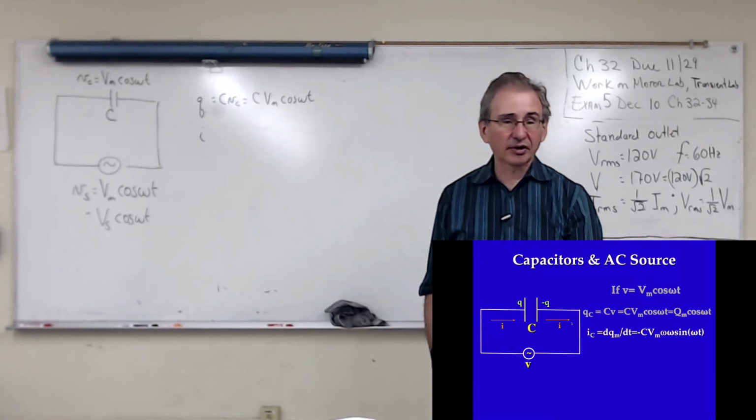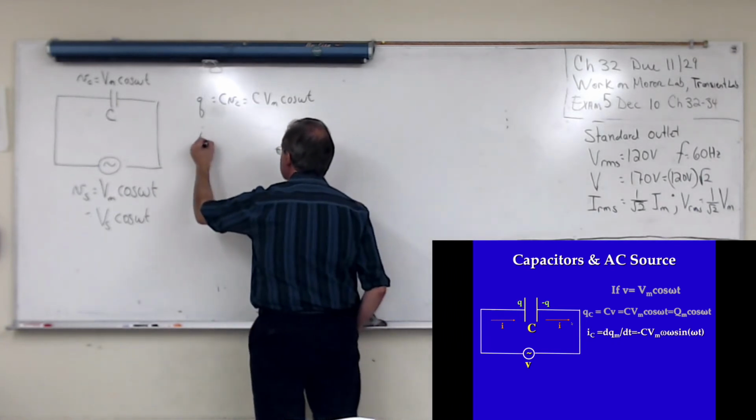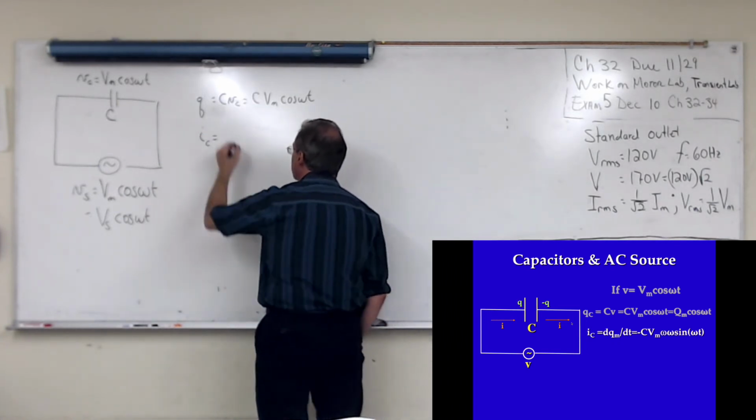I've got to take the derivative. So the current through the capacitor is going to be dq/dt.